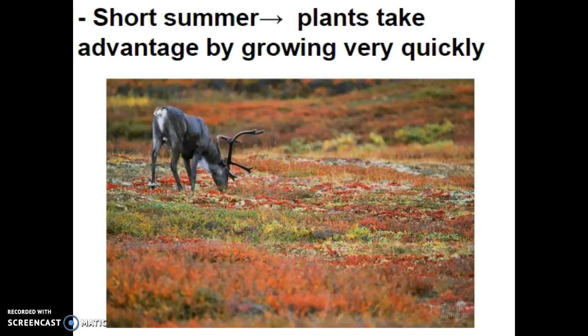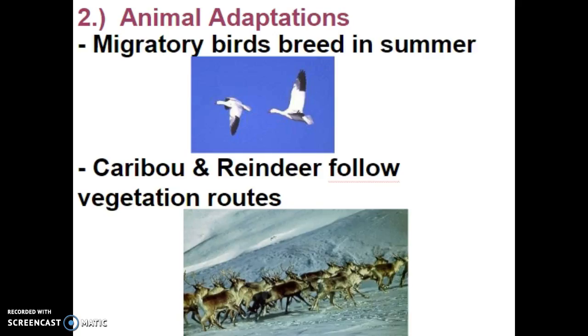Even though there is a short summer, it's a very active place in the tundra when it is summer. The plants will take advantage by growing very quickly, which of course will bring in the herbivores to the area. And if there are herbivores, the carnivores and omnivores are soon to follow. The tundra is used as kind of a pit stop in a lot of different animal migration patterns.